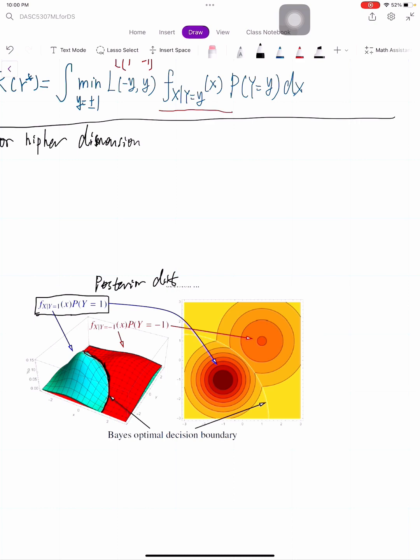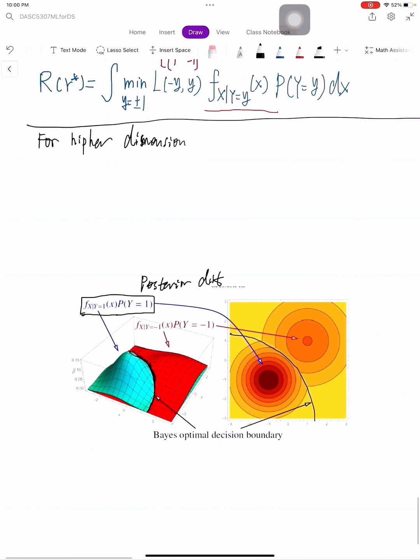So this is the Bayesian classifier. This is also called the discriminant analysis. So this is for higher dimension. For dimension 2, we can give a plot. But if we have more than 2 features, we cannot make the plot.